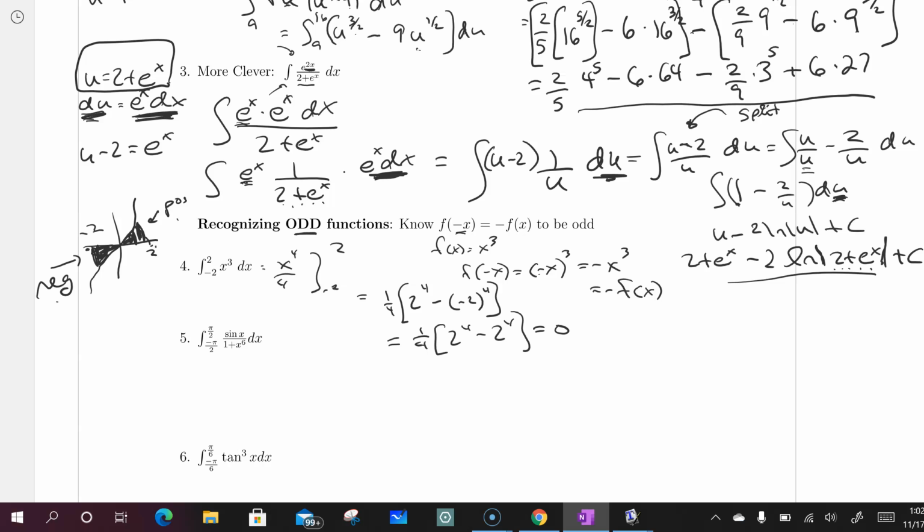This is from -2 to +2. So when I have an odd function and it's going from the negative of one number to the positive of the same number, I know the answer is going to be 0. No work needed.